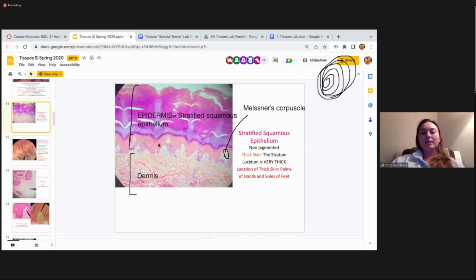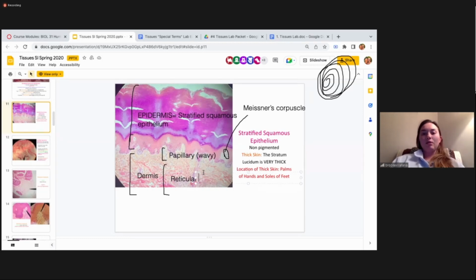The dermis is subdivided into two parts. Right here below the epidermis is the papillary layer. So it's basically the wavy portion. And then under the papillary layer, it's the reticular layer. So the dermis is subdivided into the papillary and the reticular.